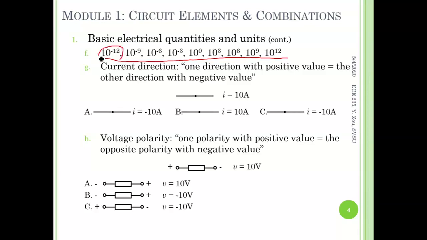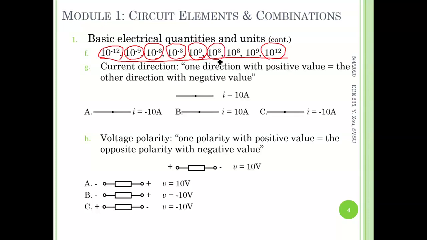So 10 to the negative 12 to 10 to the positive 12. 10 to the negative 12 is called pico, lowercase p as prefix. 10 to the negative 9, we call it nano, lowercase n as prefix. Next, micro, lowercase mu as prefix. And this is milli, lowercase m as prefix. And 10 to the 0 is equal to 1, so it is just an SI unit without any prefix.